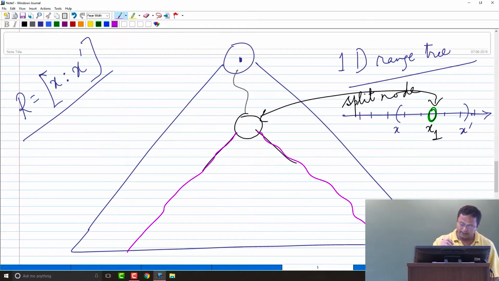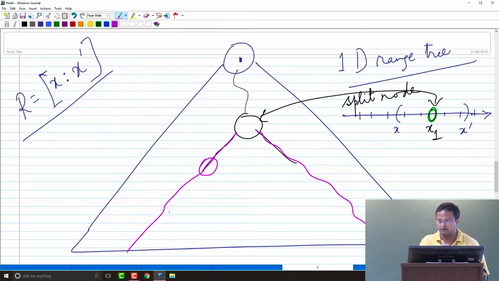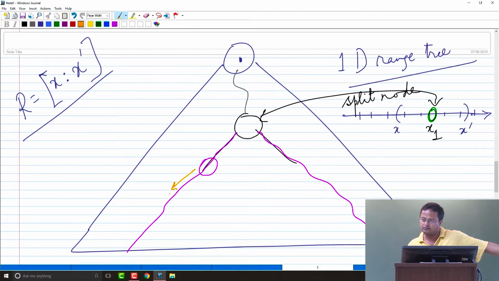Now, see, consider any node in this search path, and say that after the comparison in this node, your search path has gone to the left. Then what can I say about the values stored in this subtree? They are completely inside the range, because they are greater than x1 and smaller than x.